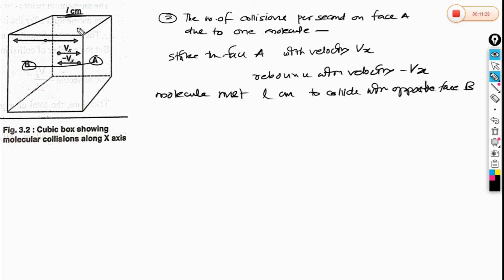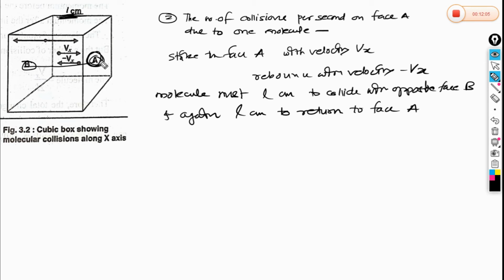And then again L centimeter to return to face A. That means this molecule strikes here, it has to go to B by traveling the L centimeter, and to strike again the same face, the molecule has to come back by traveling another L centimeter distance.